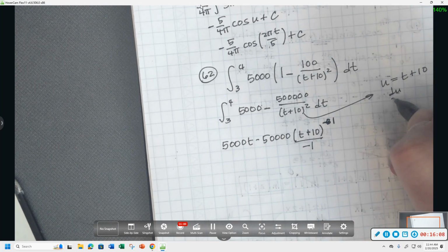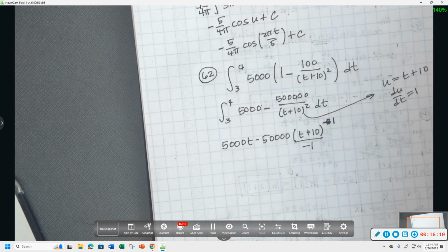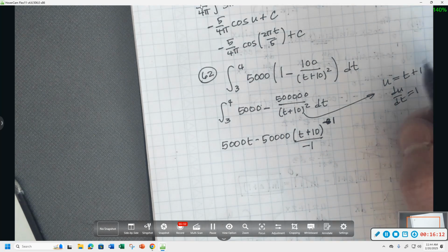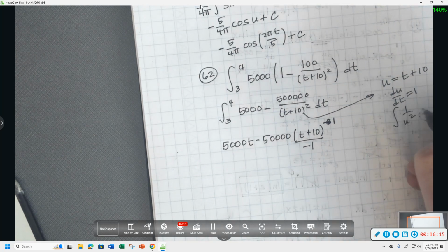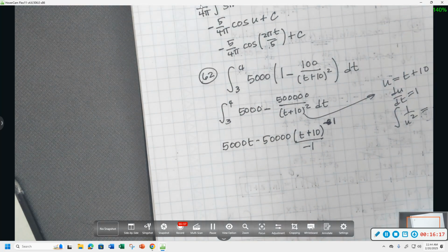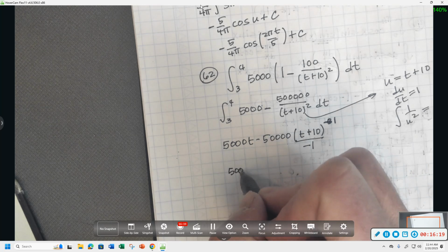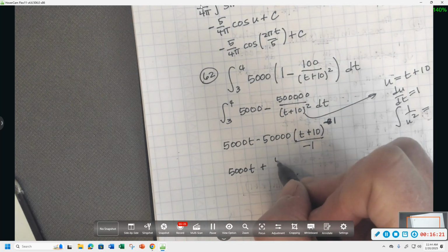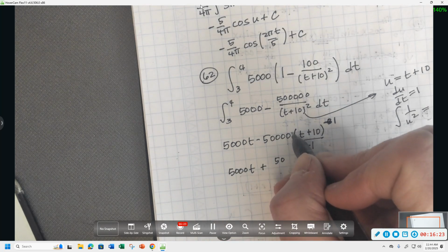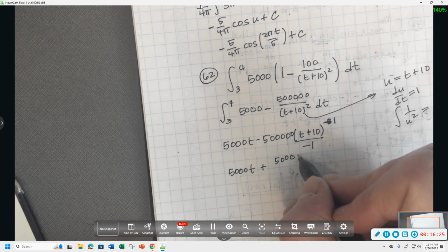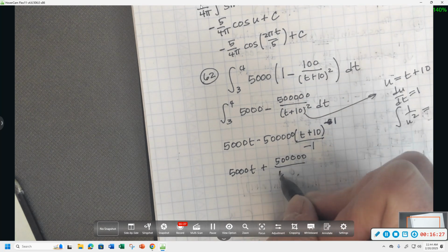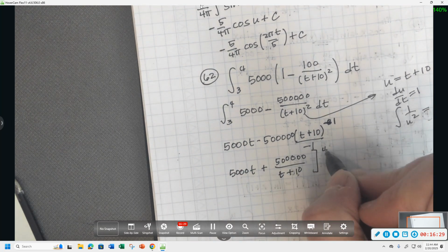The derivative there is just going to be 1. Doing u substitution isn't going to change a whole lot. I integrate 1 over u squared, and I'm going to get negative 1 over u. Right, so I'd have 5,000 t plus 5,000 over t plus 10. I did that from 3 to 4.